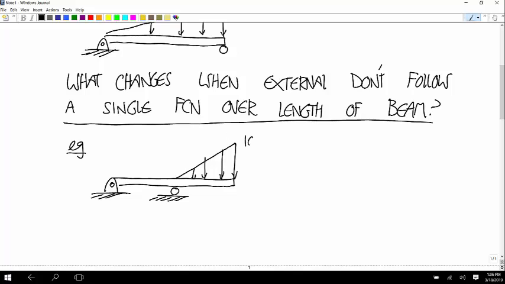Let's say this is 1,000 newtons per meter, and each of these is 1 meter. And let's also give this a mass. Mass of the beam, let's say, is 50 kilograms.